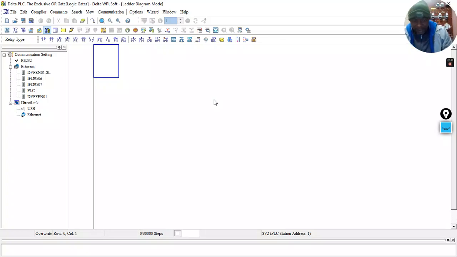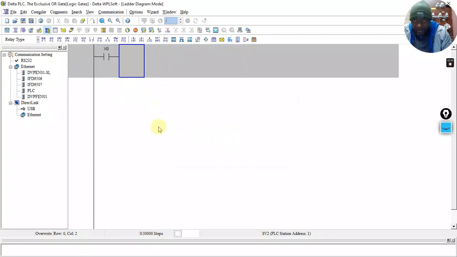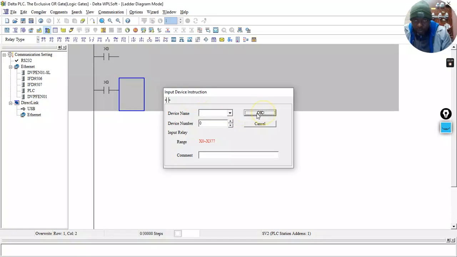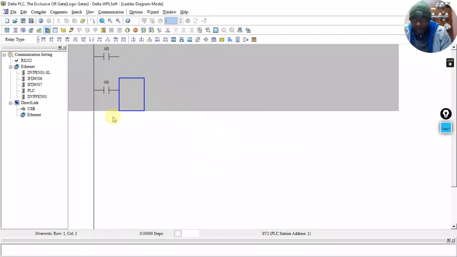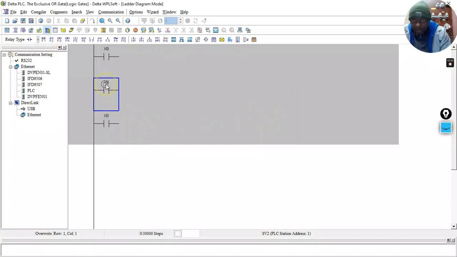Let's go on and say, remember the inclusive OR. What I call the inclusive OR is one of them, I will not name them, and the other in parallel. So we've got 2 normally open inputs in parallel. We could have more, could have 3 inputs if we felt like. Only thing is they'll be named differently.